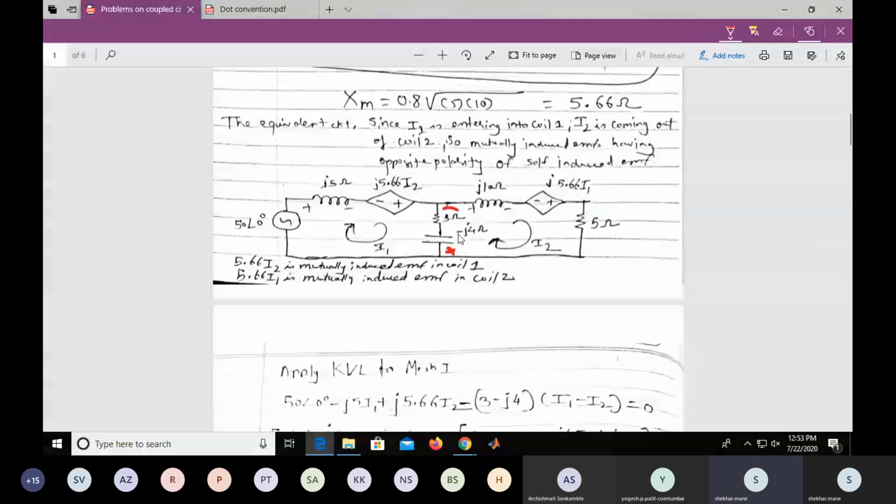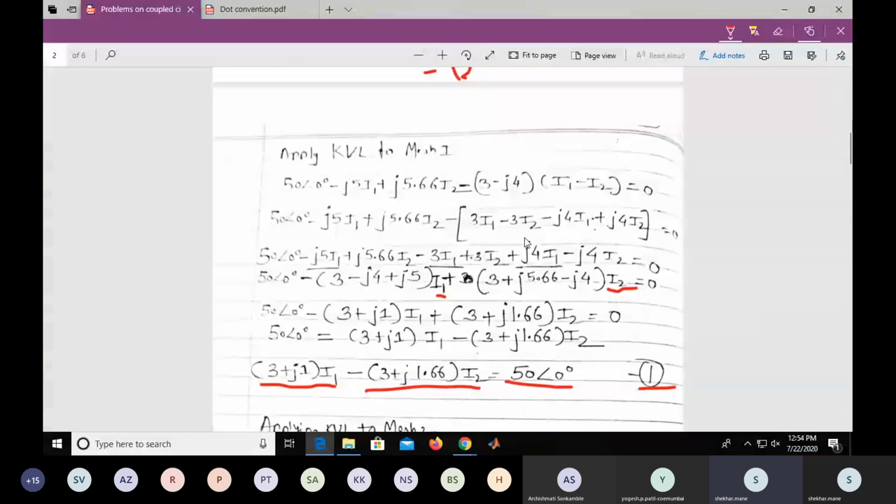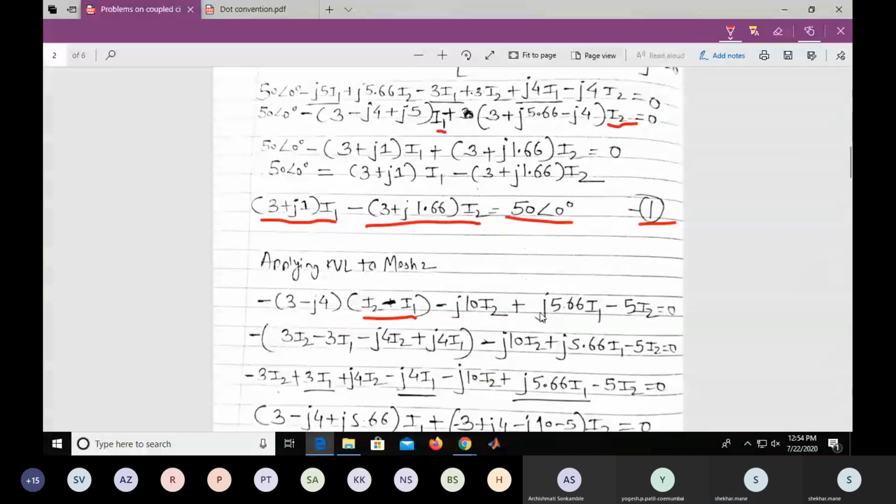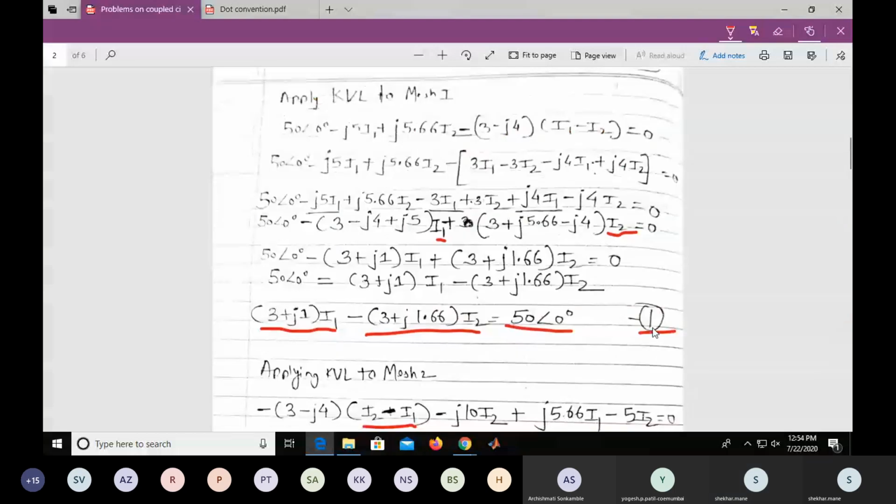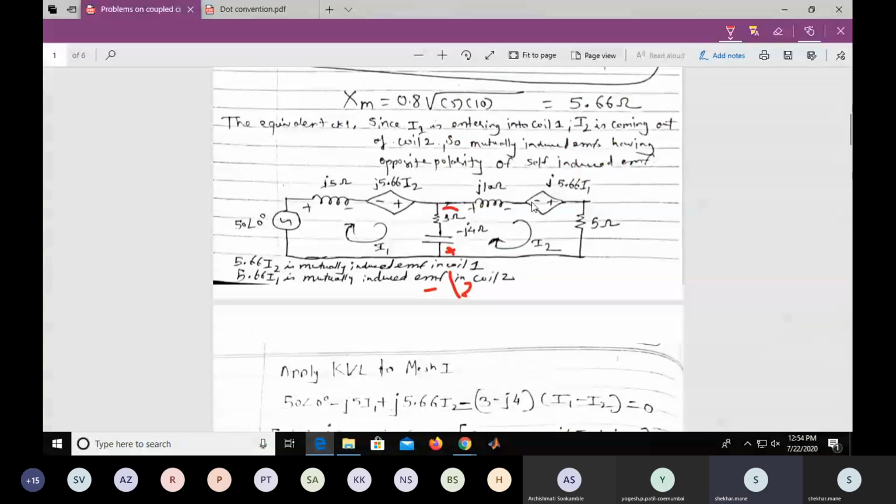So this is minus 3 minus J4 into I1 minus I2, then positive to negative minus J10 I2, then plus J 5.66 I1 minus 5 I2, like this.